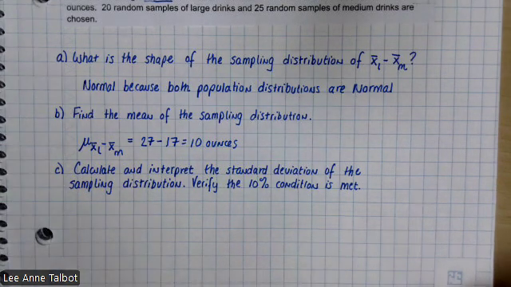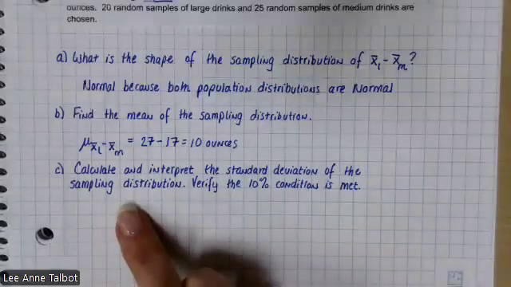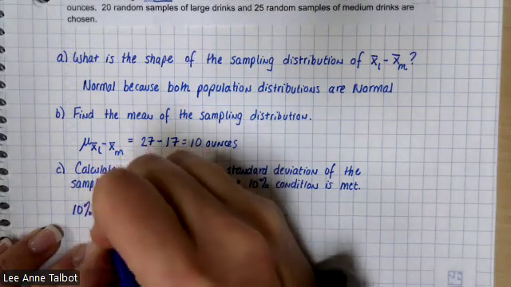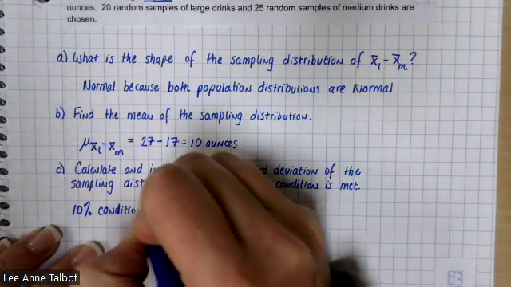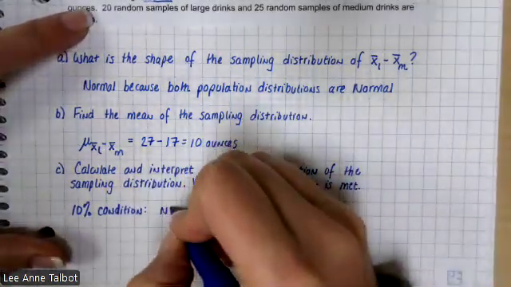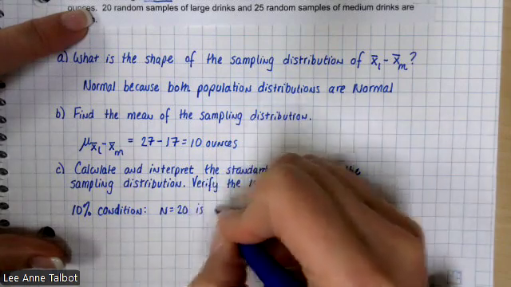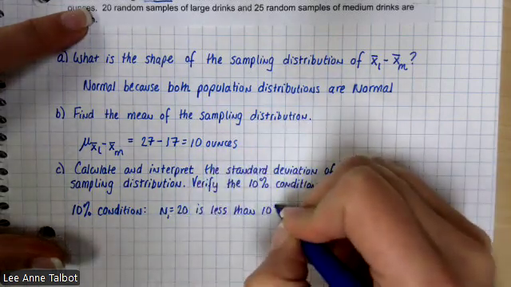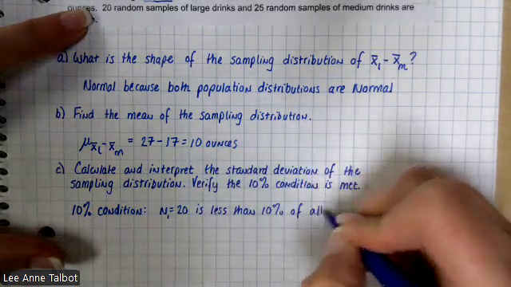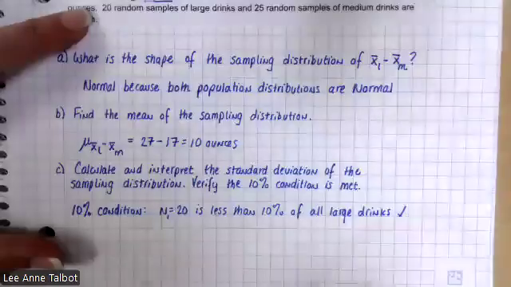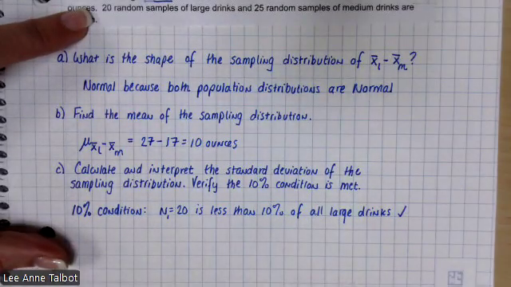Okay. Calculate and interpret the standard deviation of the sampling distribution. Verify the 10% condition is met. Okay, so we're going to start with that, of course. You guys think that that machine probably has more than 200 drinks come out of it? Sure.